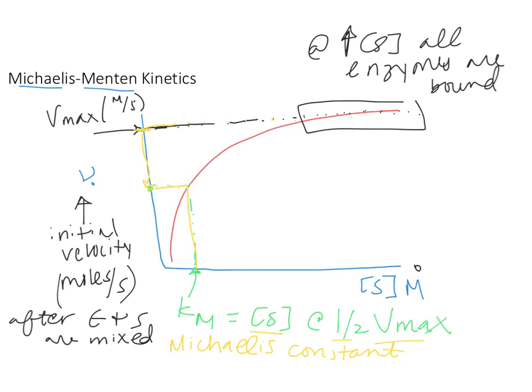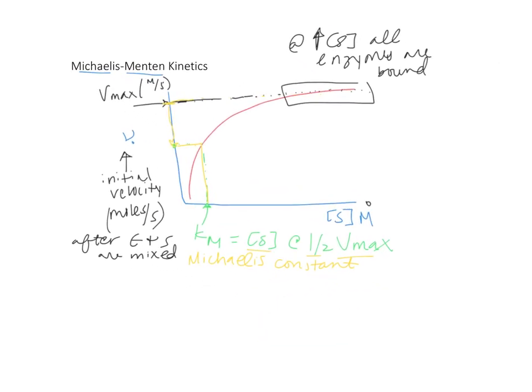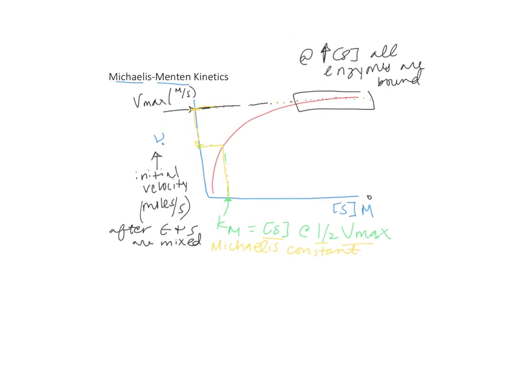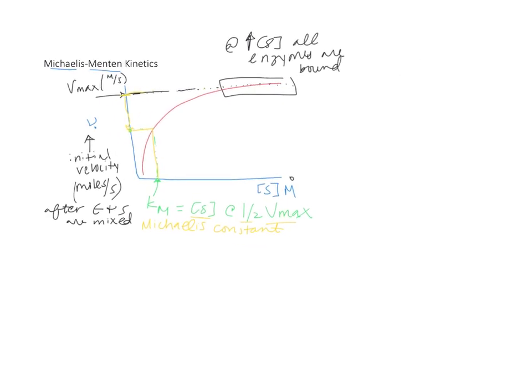Okay, this should feel very similar to how we found Kd. With Kd, we had ligand concentration. Remember, ligands are different than substrates, same units though. We had percent binding, and the range was 0 to 1, and we would find half binding, half percent bound, and that would be our Kd.